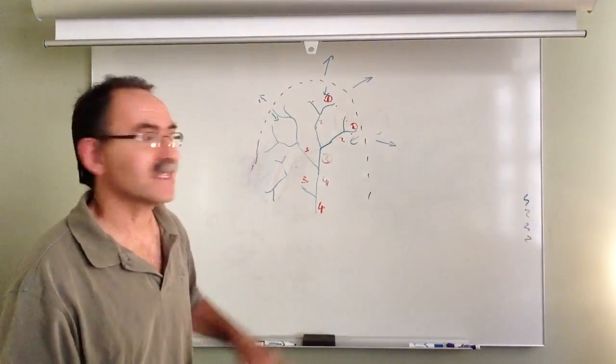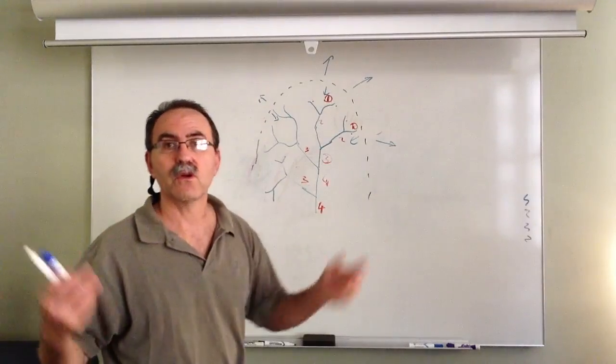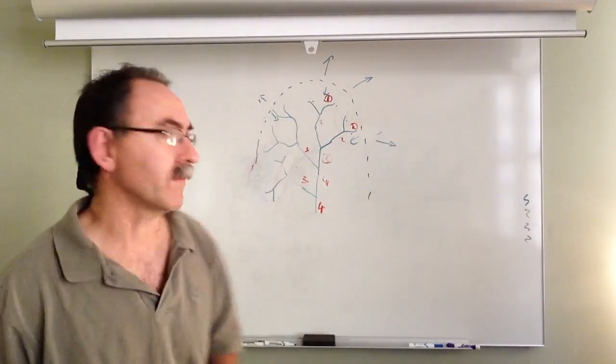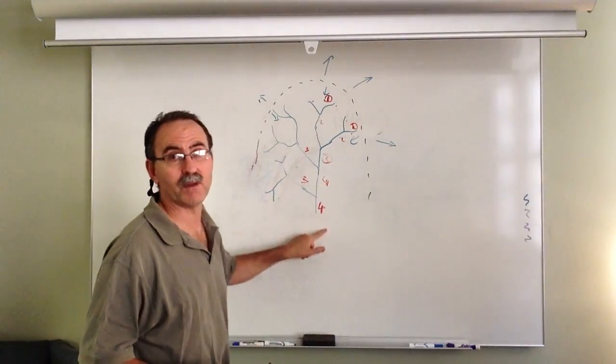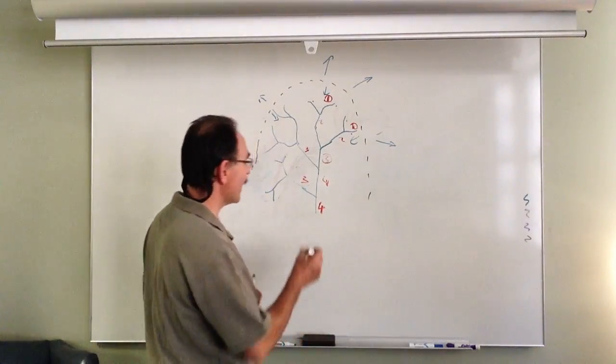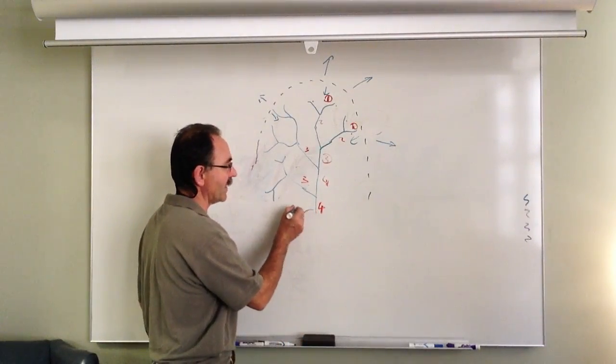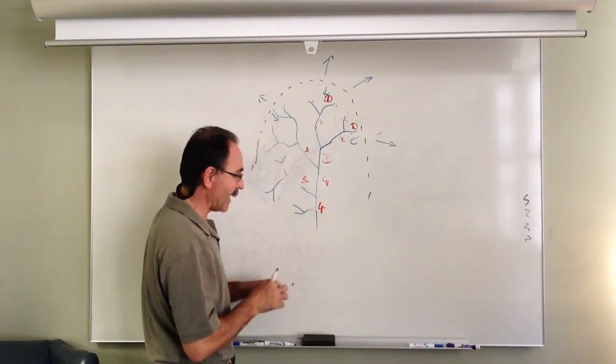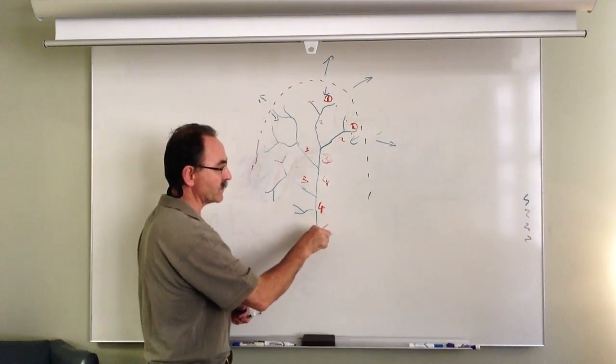So in this case, that fourth order stream will continue as a fourth order stream, whether it's above or below the confluence with the third order stream. So if you have, say, a second order stream over here, the same would apply. This would remain a fourth order stream.